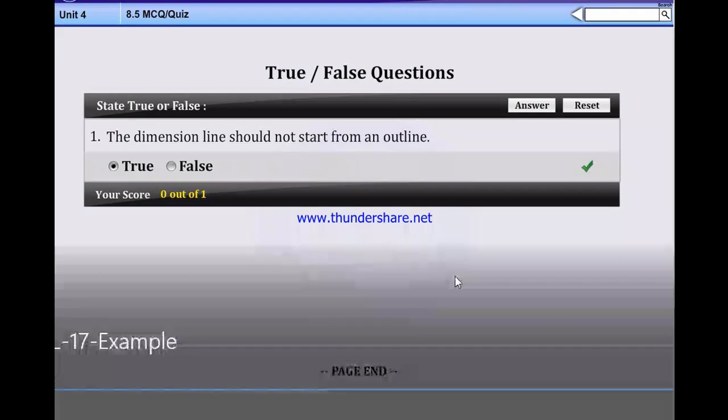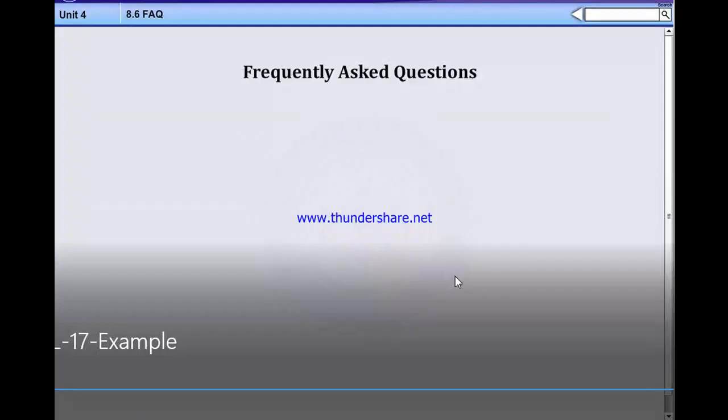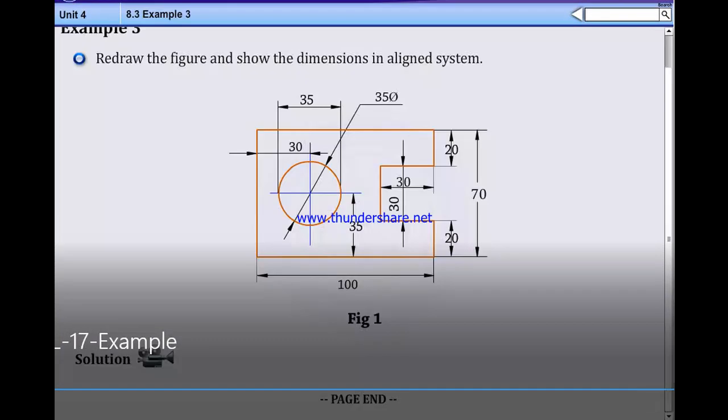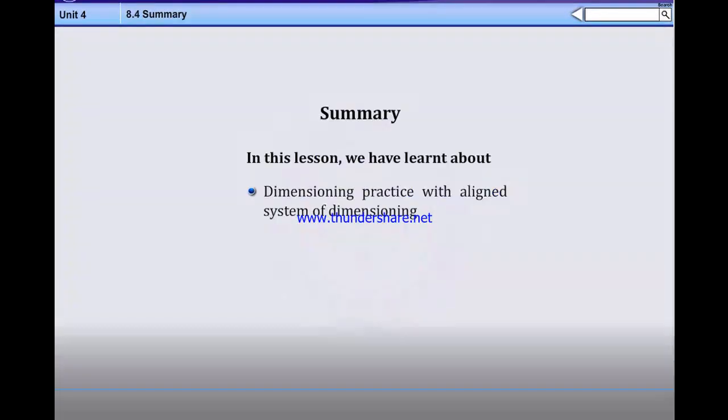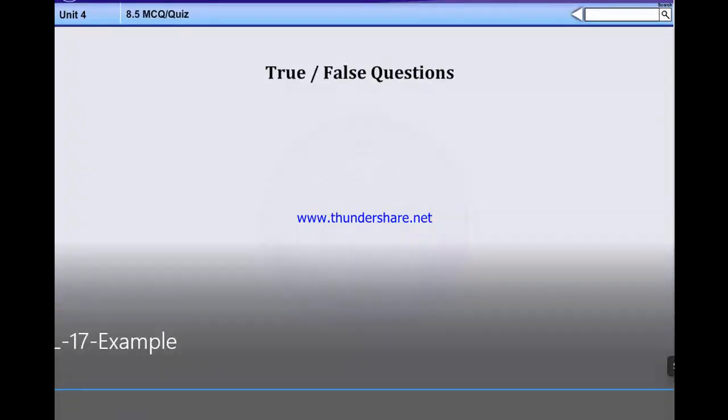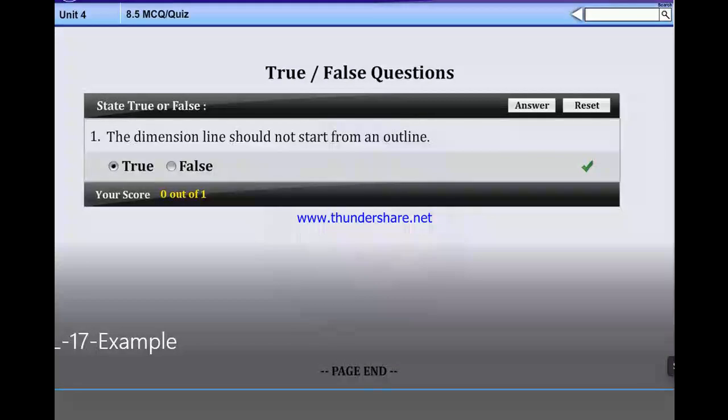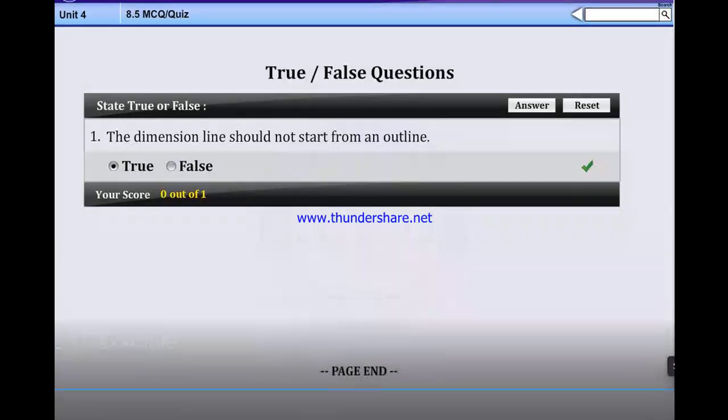Now in this also we will find some true and false questions. Dimension line should not start from an outline.